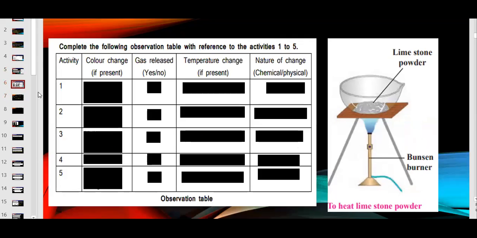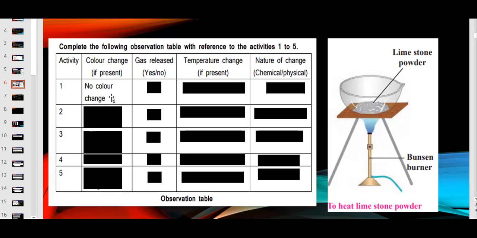Okay, so there is a table also here that we have to fill in. Now we don't have a laboratory, so we cannot observe, but we can still discuss. What color change can happen when this reaction is taking place? There is no color change. It will remain the same color, white, as it had earlier.